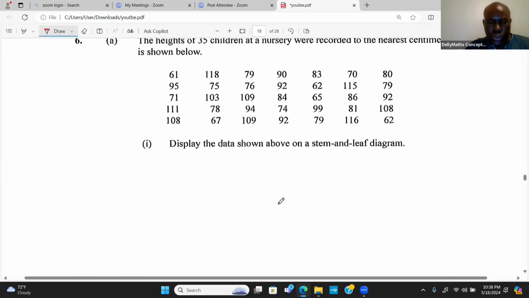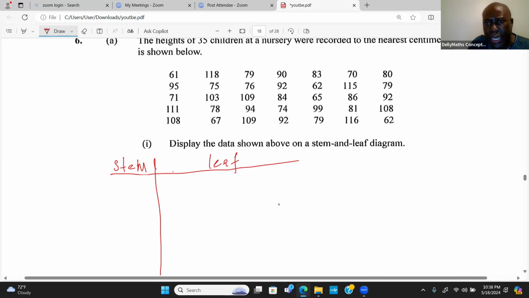So we're going to have to quickly draw our stem and leaf diagram. I'm going to put the stems here and the leaves over this side. The data is not in any order.